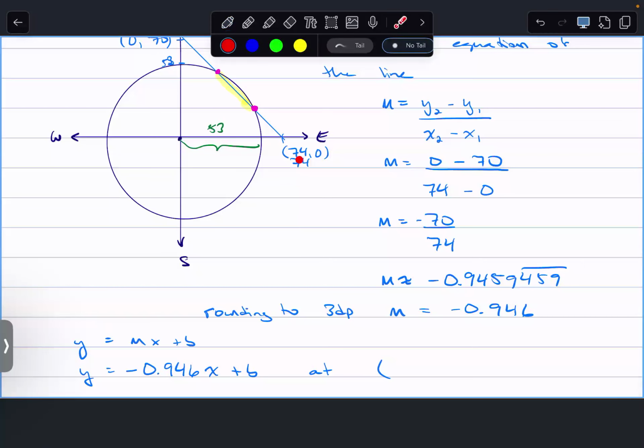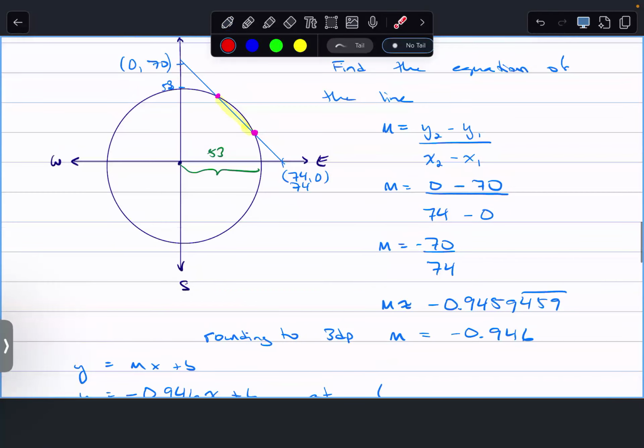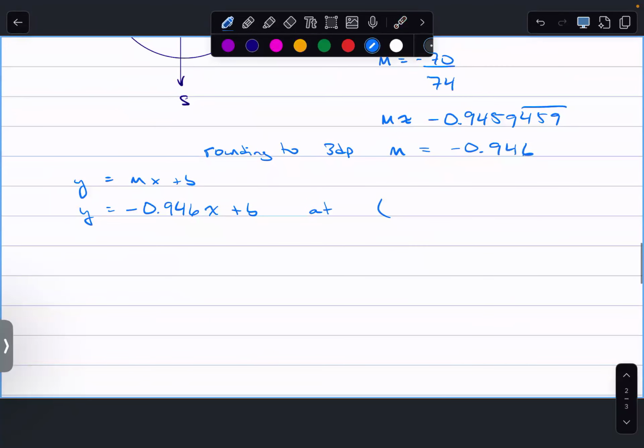Why did I choose this one instead? Because we're trying to find b, which is the y-intercept, which should be 70, right? And so let's plug in (74, 0) instead and just make sure that it is 70. We've rounded our slope, right? And so we'll see. In that case, y is 0 and negative 0.946 times 74 plus b.